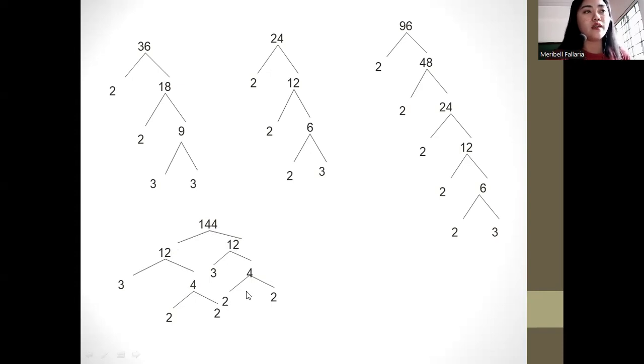Next step, what is the next step? Okay, very good. We're going to find the common numbers. As you can see, we have 2 and 3. How many do we have? 1, 2, 3, 2.